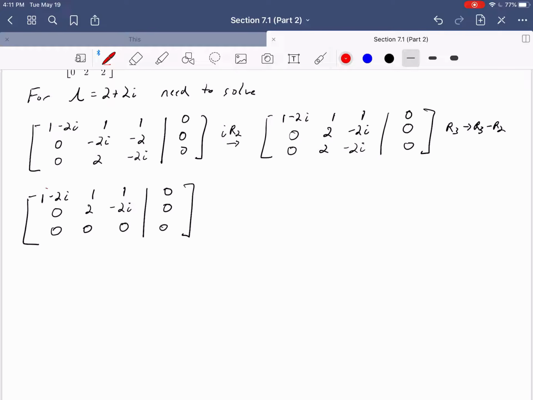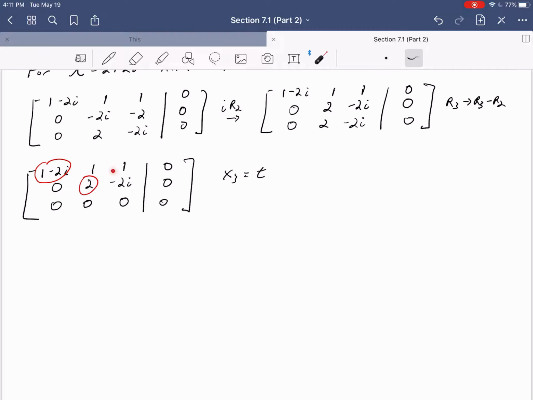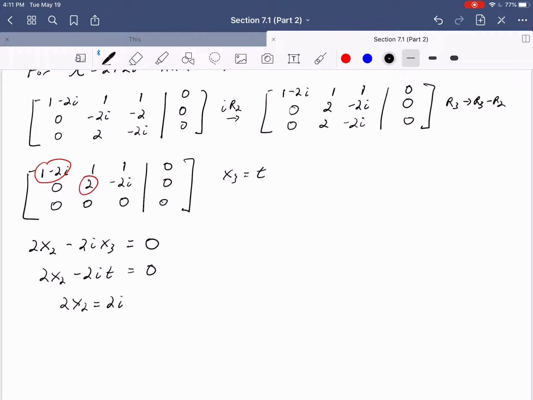Again, we will avoid parameterizing the first and second variable. So we're going to have x3 equal to t. Now we can take this equation right here, and we get that 2x2 minus 2i x3 is supposed to be equal to 0. That's 2x2 minus 2it equals 0, which is 2x2 equals 2it, which means x2 is going to be it.